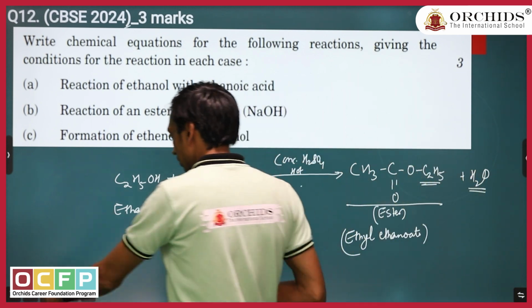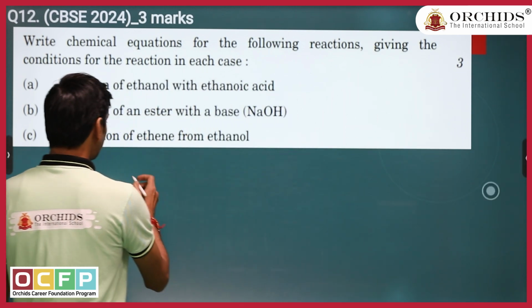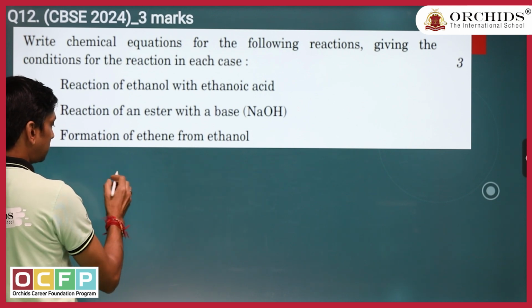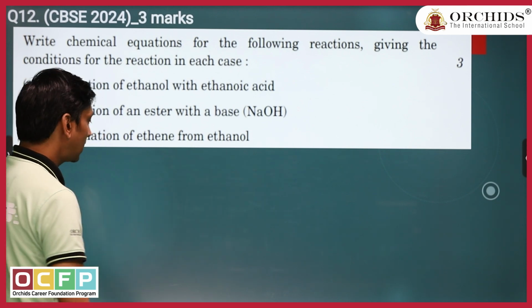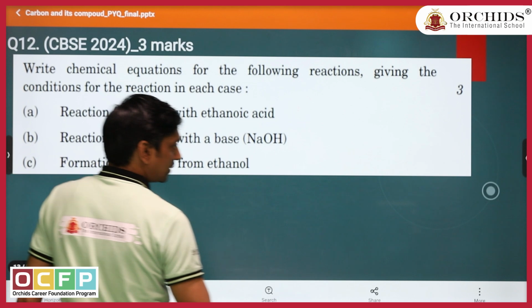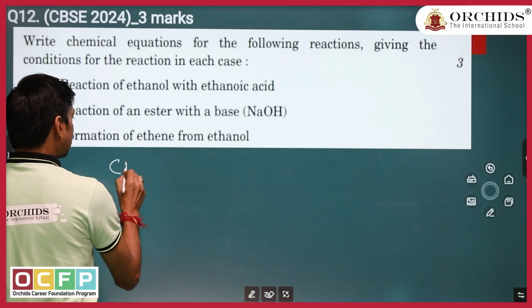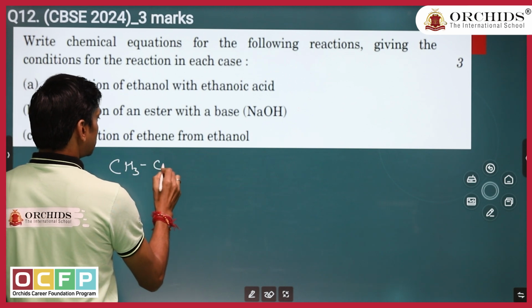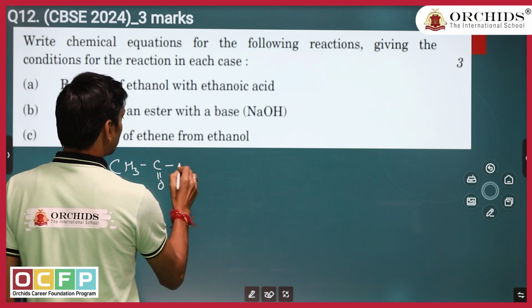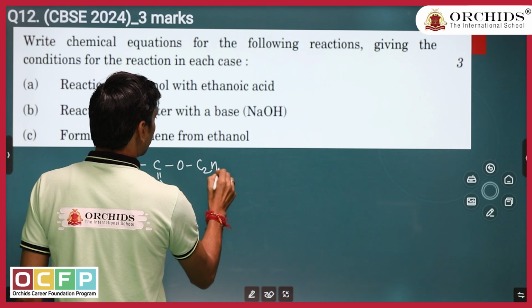So the reaction for this: we are taking the ester we formed in the previous example, that is ethyl ethanoate, CH3COOC2H5.